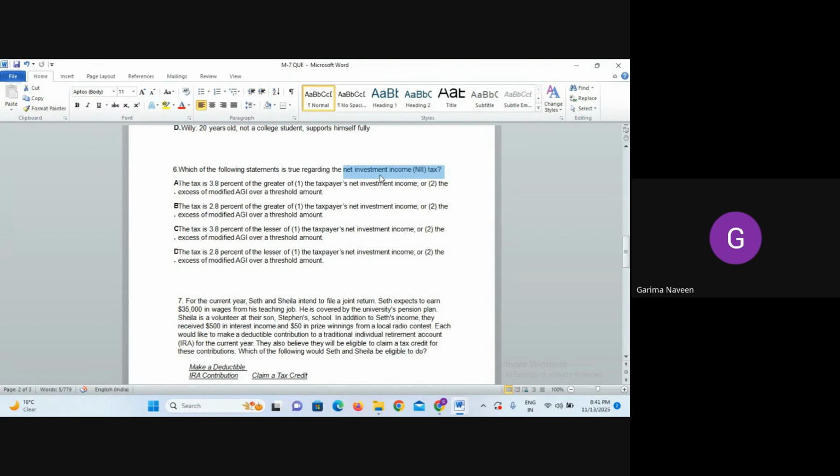Actually, net investment income tax is 3.8% of the lower of the taxpayer's net investment income or the excess of modified AGI over a threshold amount. So the correct answer should be C.